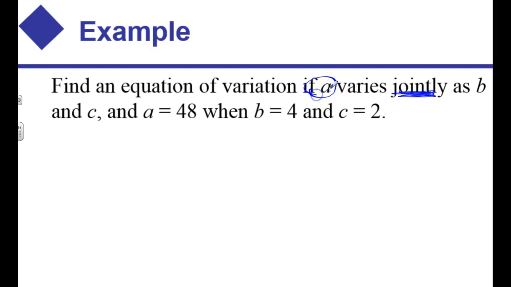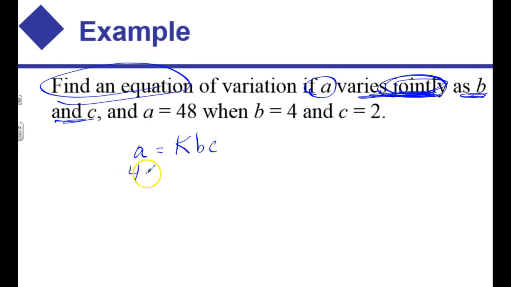So let's see. It doesn't say y varies. It says a varies. So I'll say a equals, I've got some constant k, and b and c. It doesn't mention inverse, so it varies directly, or jointly, with b and c. So multiply. So let's see if we can plug in. By the way, it says find an equation, so we're not going to solve for a variable.